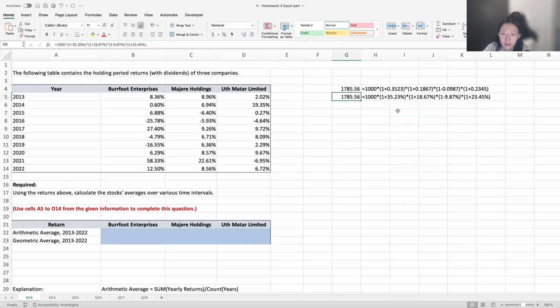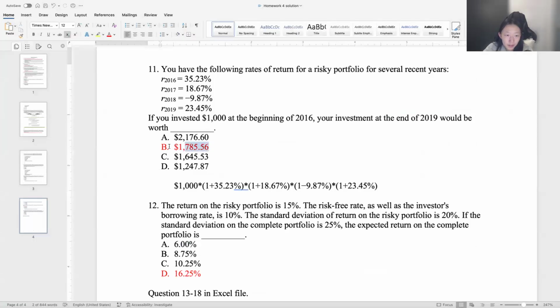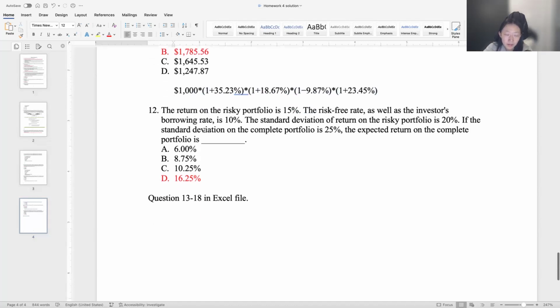Enter. So then these two will be the same. So 1785 for this question. So I think the formula is not that complicated. The key is you want to make sure that the calculation that you're entering is correct, no matter you use Excel or your calculator. So always make sure that you crunch the right number.